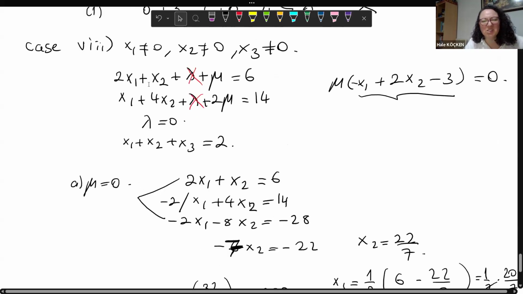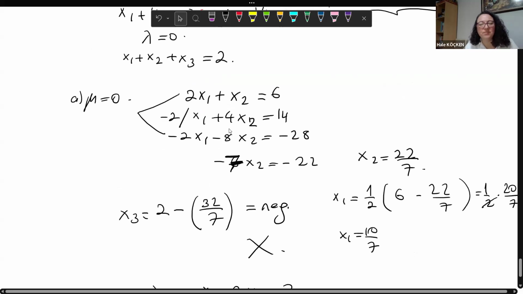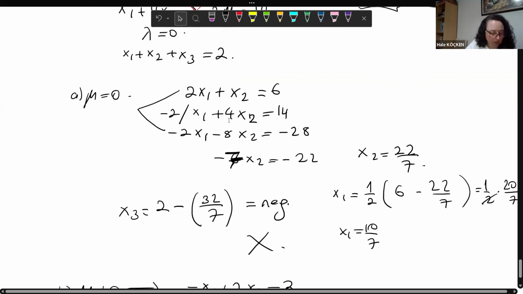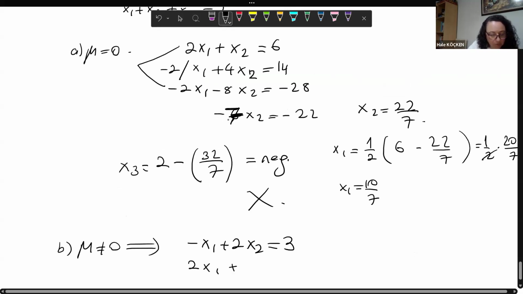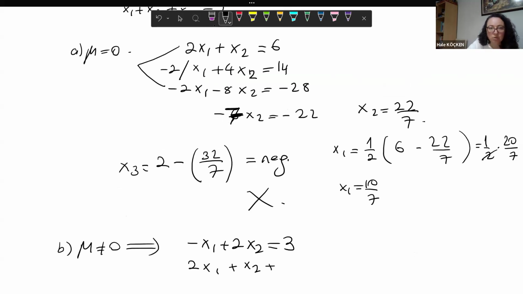I need to write these equations again. I couldn't see the big picture. So let me write 2x1 plus x2, lambda is 0 plus, not plus, minus mu.